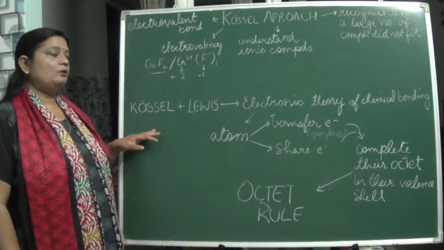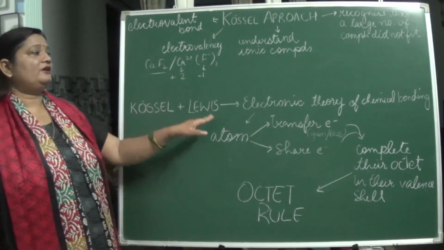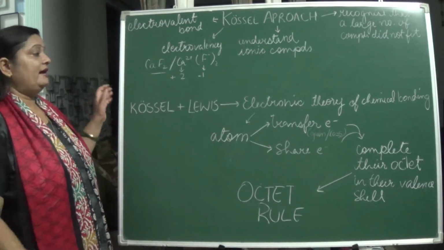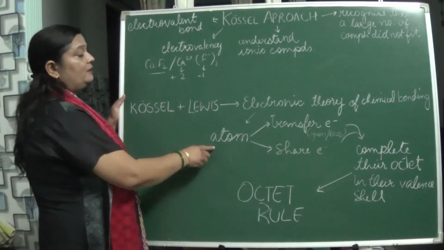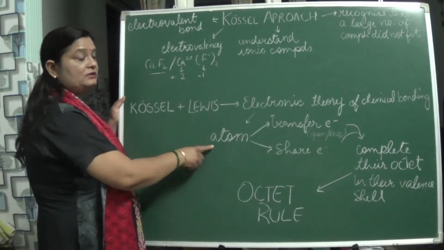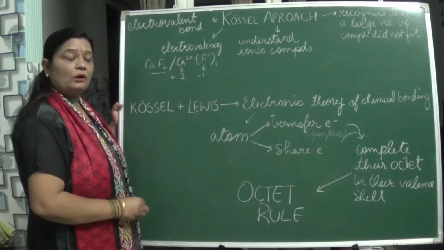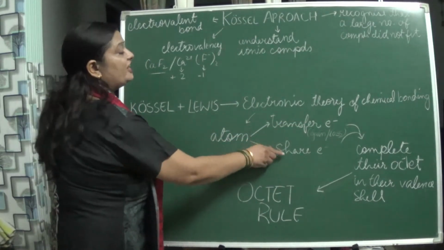So later on Kossel and Lewis gave the electronic theory of chemical bonding. They said that an atom can be stable or can have 8 electrons in its outermost shell by the transfer of electrons, it means gain or loss of electrons, or by sharing of electrons.